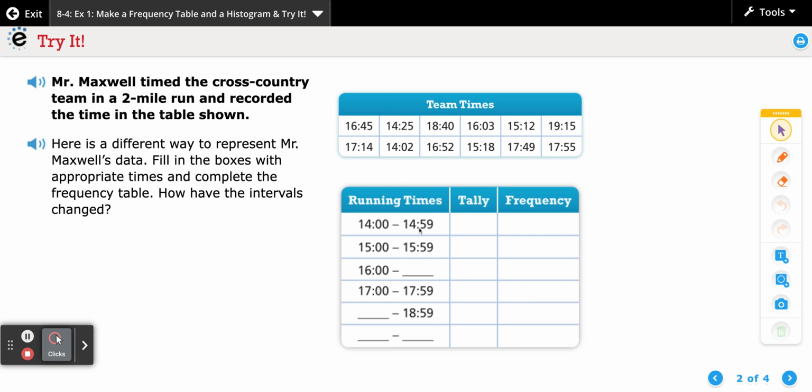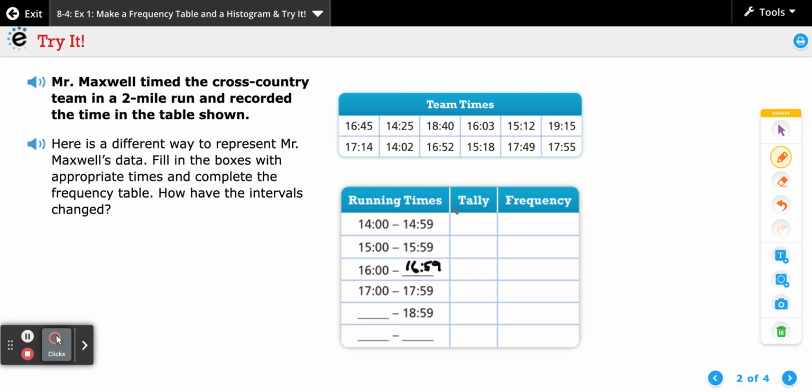From 14 minutes to 14 minutes 59 seconds is actually 1 minute, right? Because from 0 to 1, you have 1. So we would fill in here with 16:59, and then 18 minutes here, and then 19 minutes to 19:59.